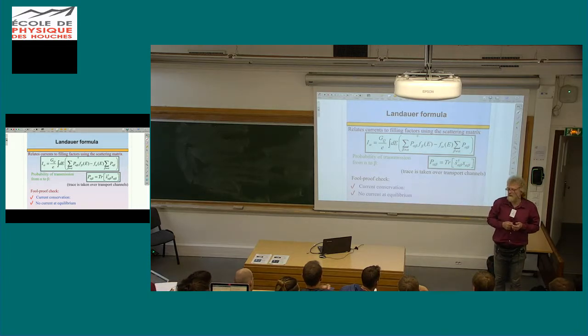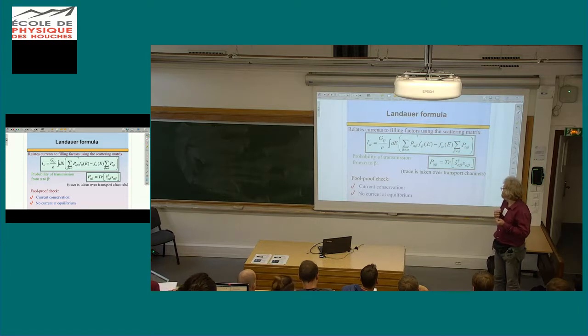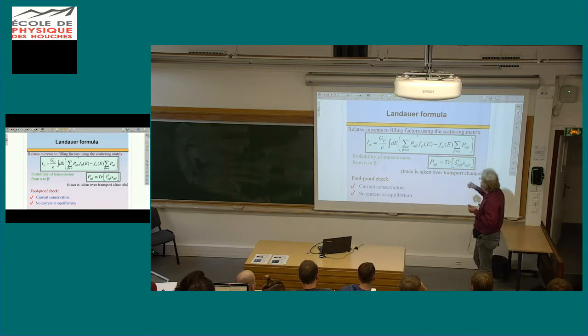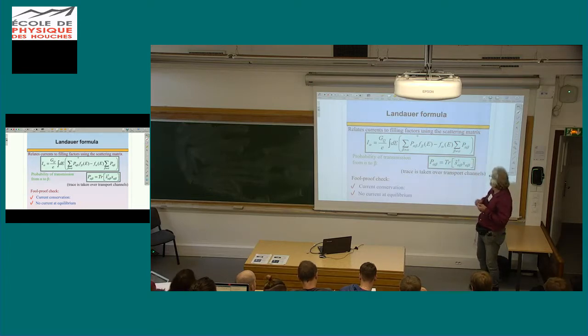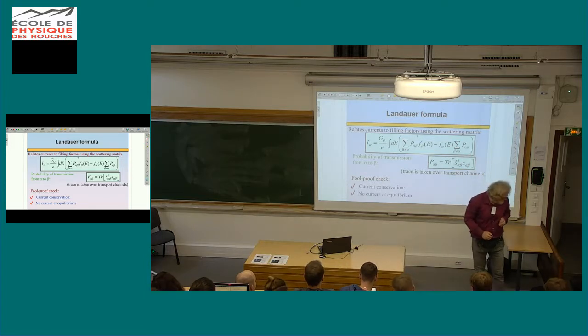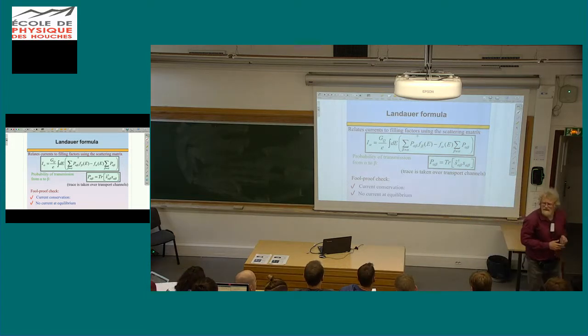It must be, in fact, reflection. Right? It must be reflection where an electron starts in channel alpha and goes back. But what I have here doesn't look like a reflection coefficient. It involves all probabilities. So what's the problem?